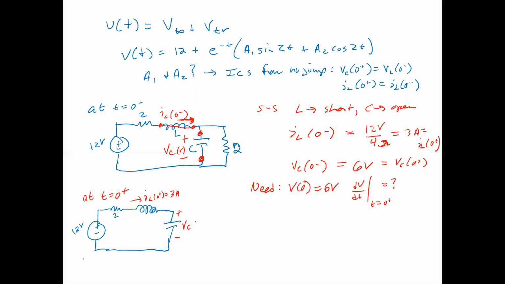And VC of 0 plus is going to equal 6 volts. And from this, we will deduce what the slope is of the voltage, because dV dt equals what?